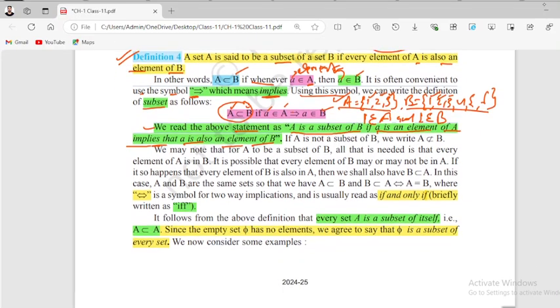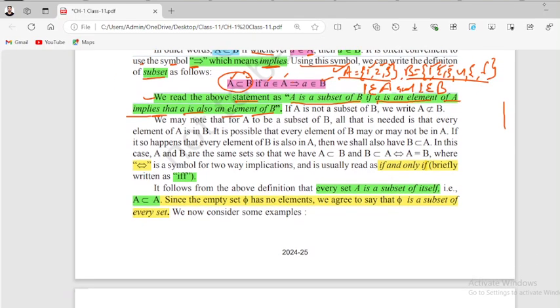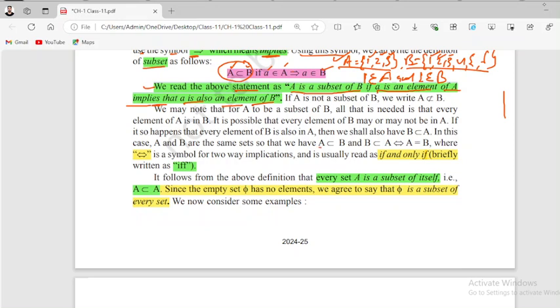And now here is some more examples. Suppose A is a subset of B and B is a subset of A. If this condition is given, then both sets will always be equal.